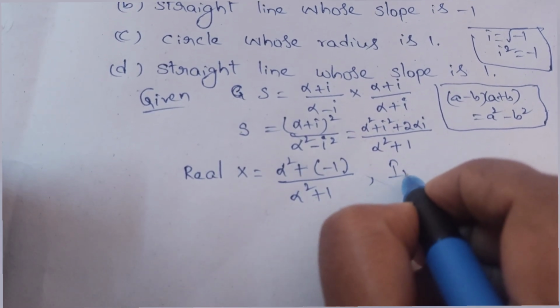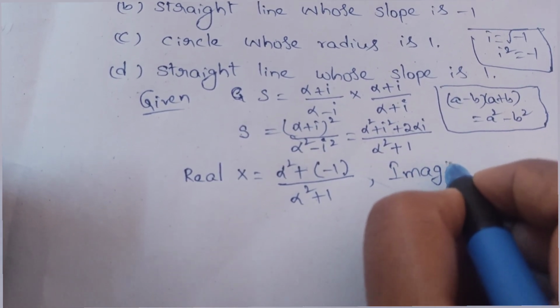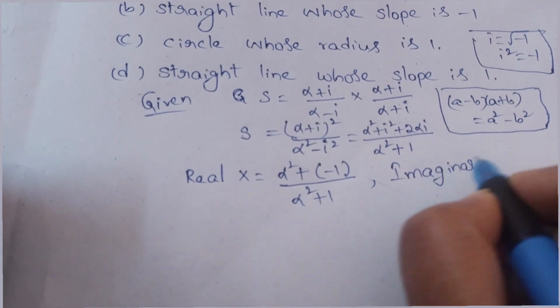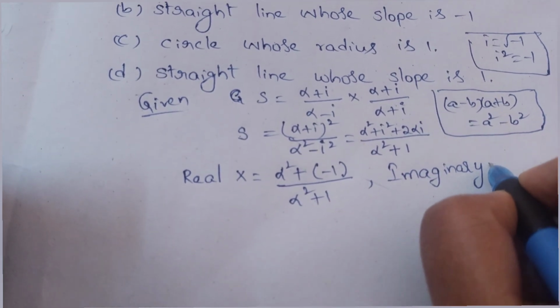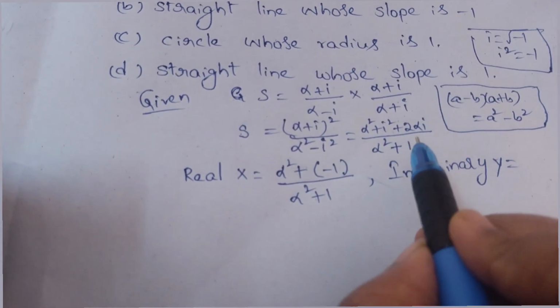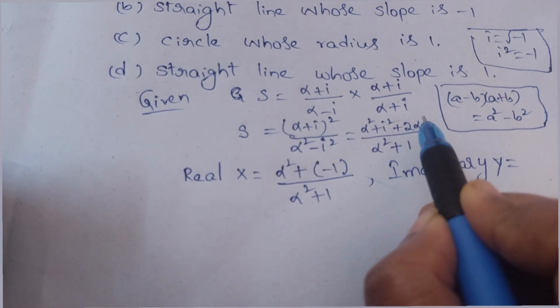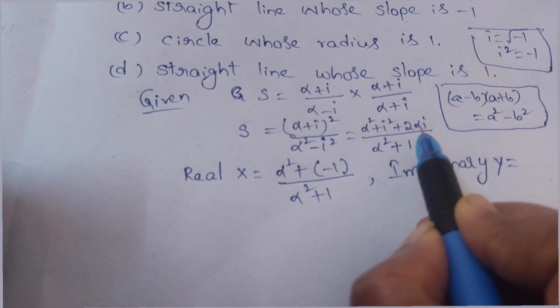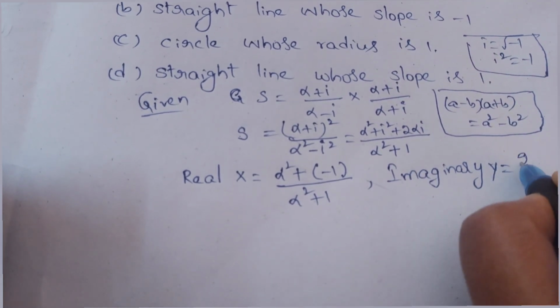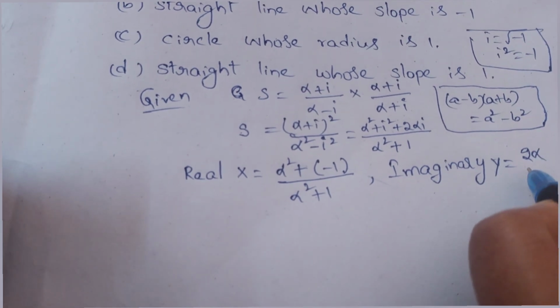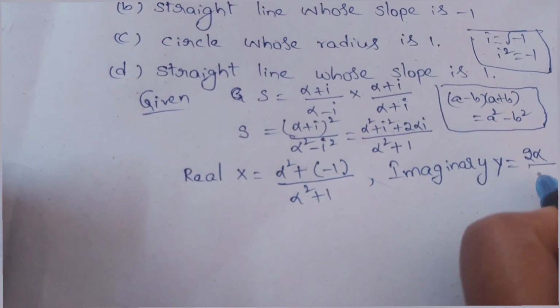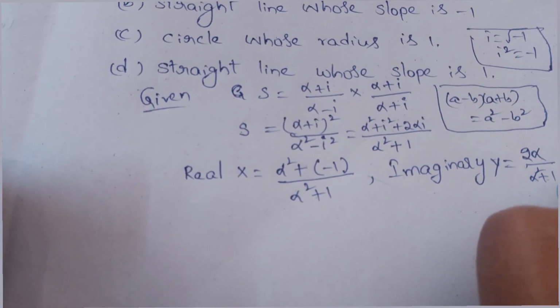Next, imaginary is y. Here the i coefficient is 2 alpha, so y equals 2 alpha divided by the denominator alpha square plus 1.